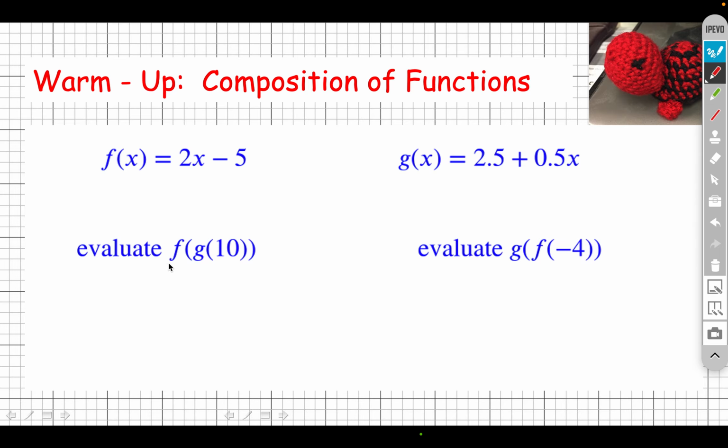So for f of g of 10, we're going to start with the function g of x. So we're going to say g of 10 is you plug in 10 for x, 2.5 plus 0.5 times 10, which is 2.5 plus 5, so that's going to be 7.5.